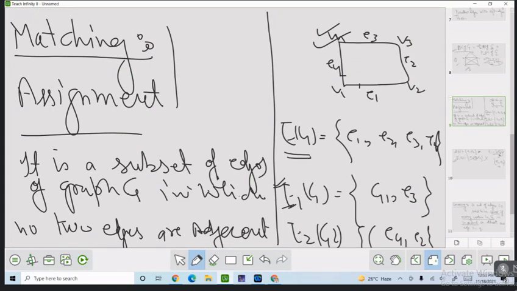So, what are the edges? Is E1 and E2 covering? No. Why?